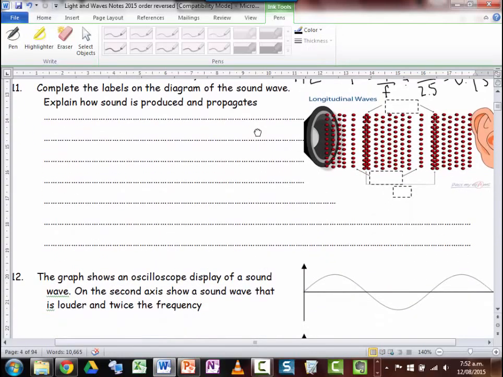Complete the labels of the diagram of the sound wave. Explain how sound is produced and propagates. Okay, so these two things here are rarefactions. These two things here are compressions.